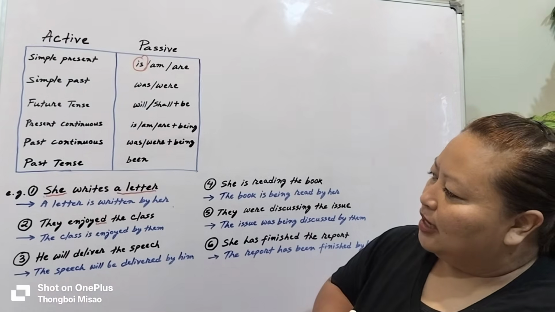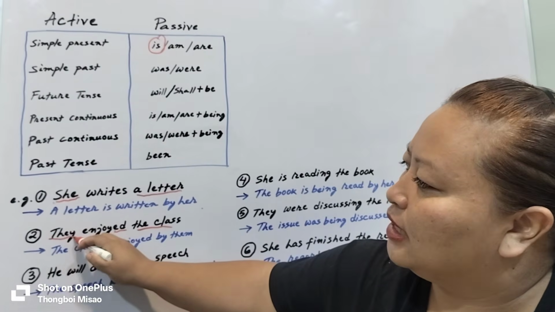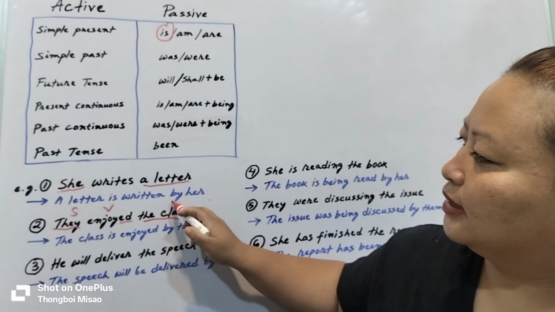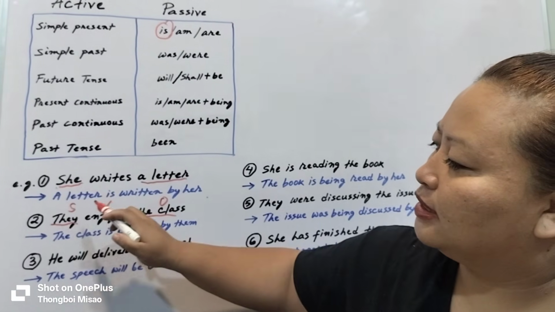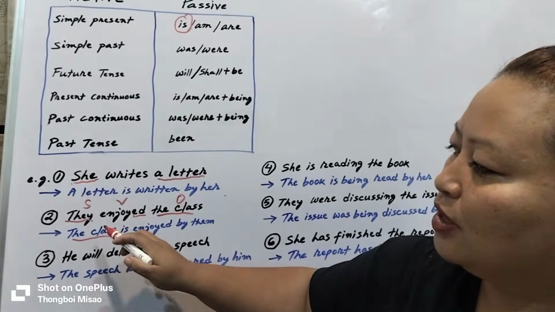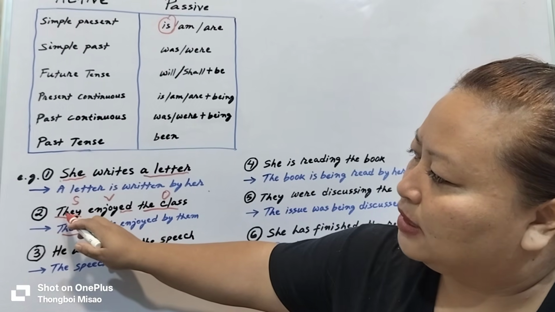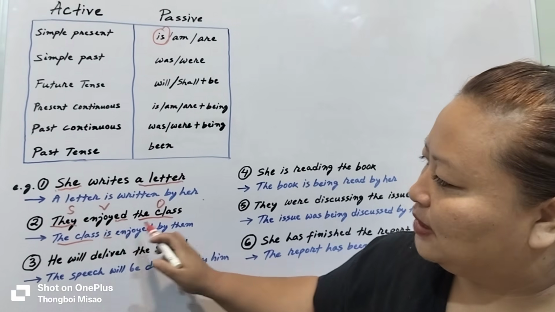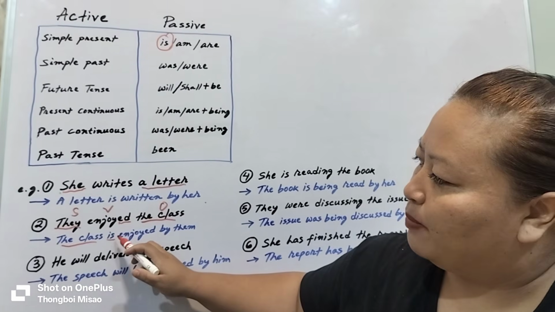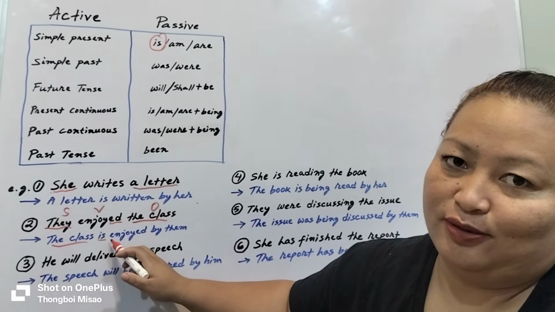In the sentence, there is a subject, verb and object. The object becomes the subject. The class is singular, so we use was. They is plural. The class becomes the subject: the classes were enjoyed.